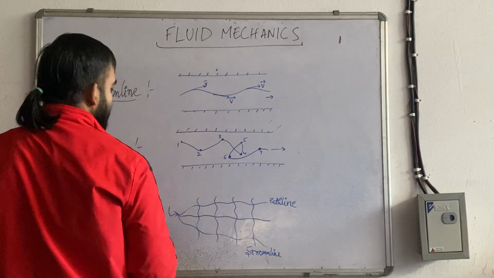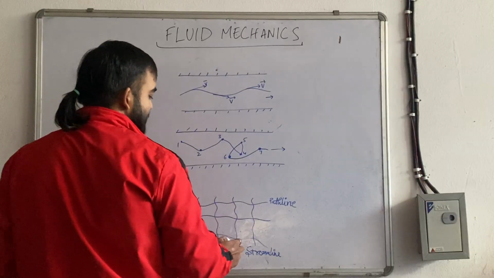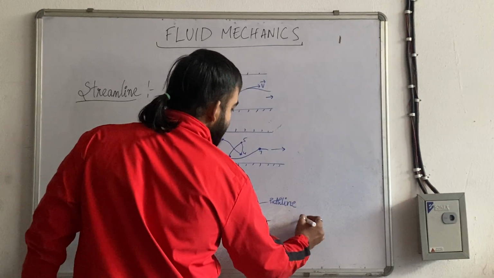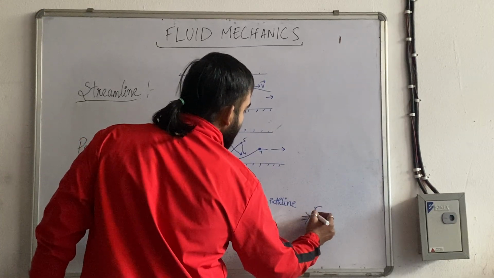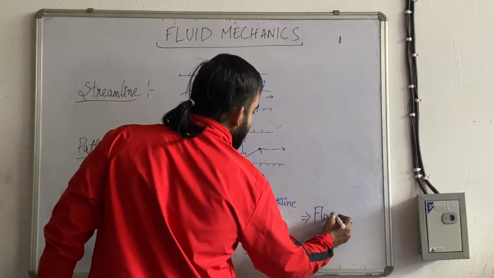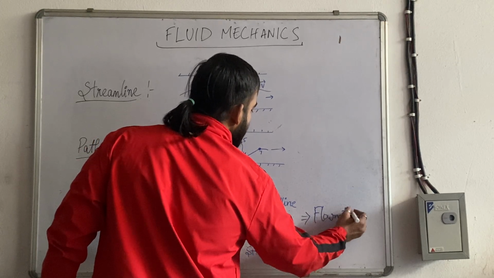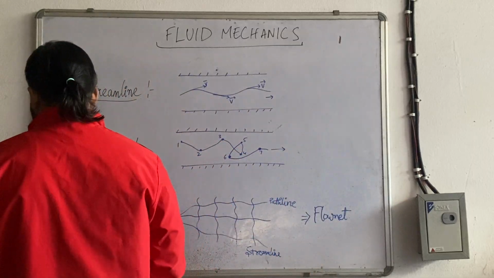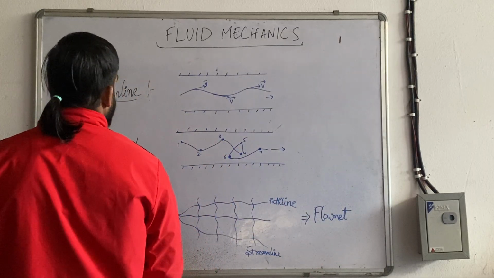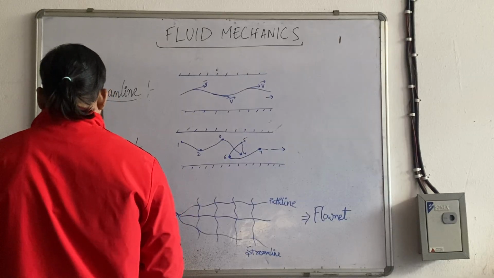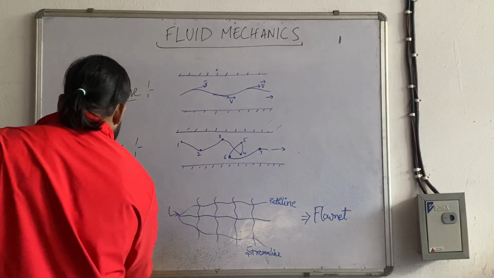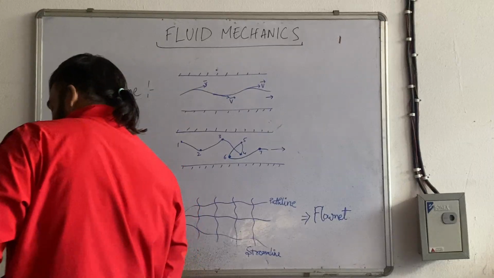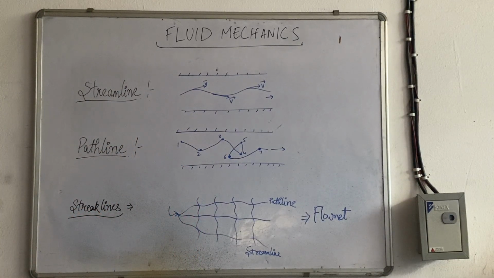This cross section of path line and streamline is known as a flow net. Okay. Now you can write it down, go through it, take a screenshot, whatever you feel like.